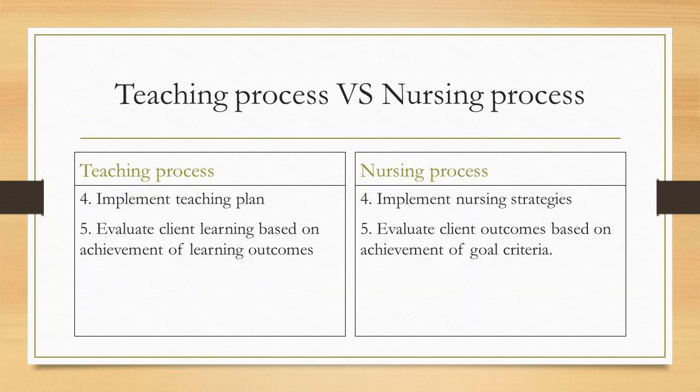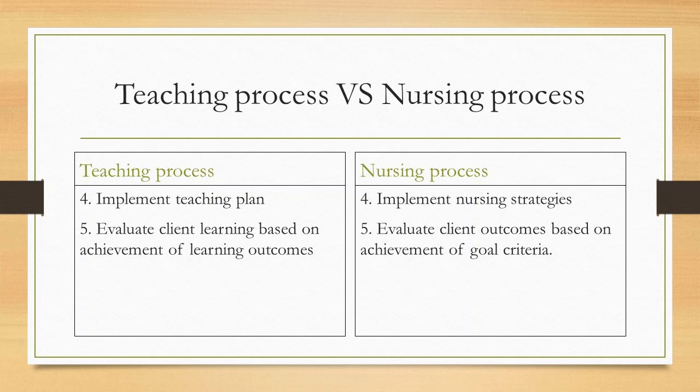So let's see number 4. Step number 4 in the teaching process says implement teaching plan. Step number 4 in the nursing process also says implement nursing strategies. And number 5 in the teaching process says evaluate client learning based on achievement of learning outcomes.